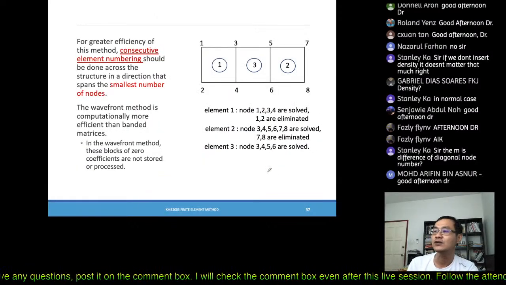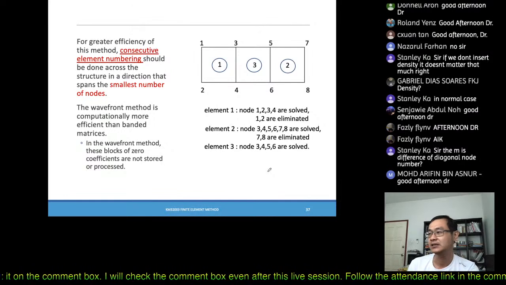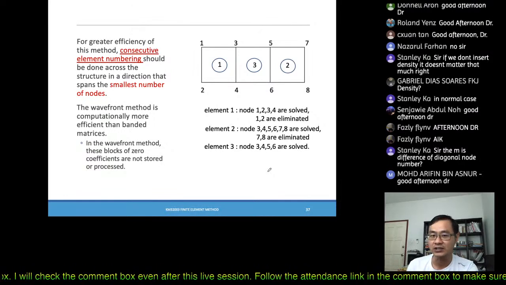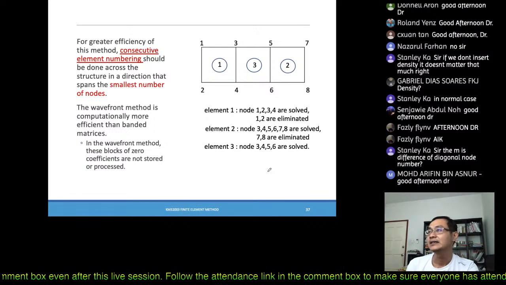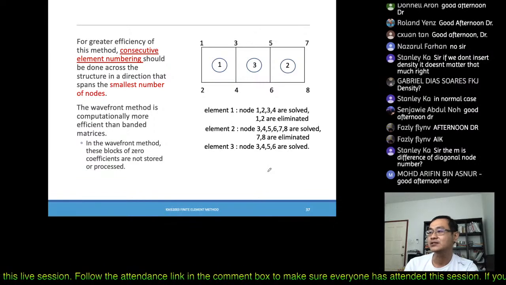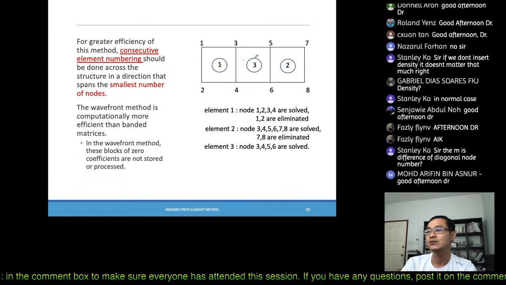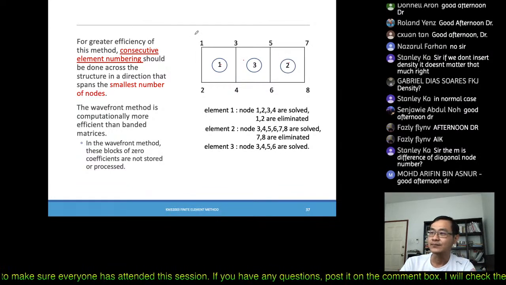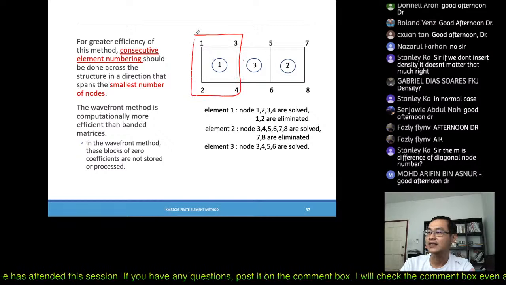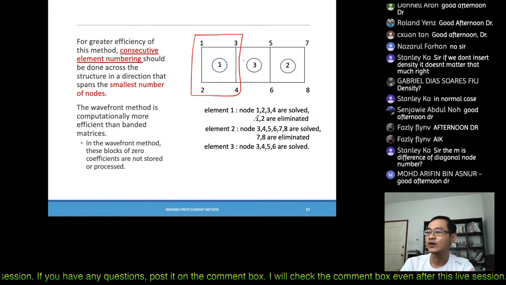Okay, so now if we use a not efficient way of numbering the elements, let's say we jump from 1, 2 and 3 at the middle, then what happens is the same concept. Solve for the first element. We can solve for 1 and 2, leaving only 3 and 4.